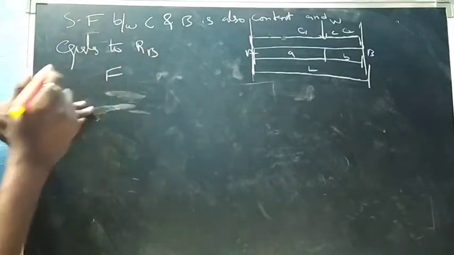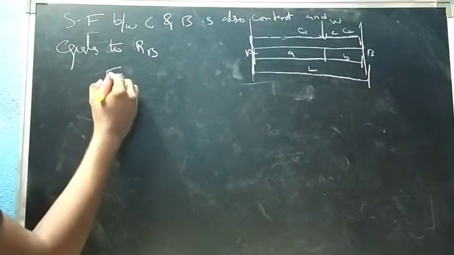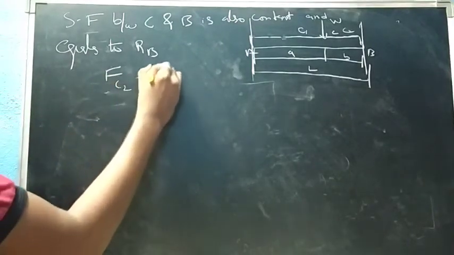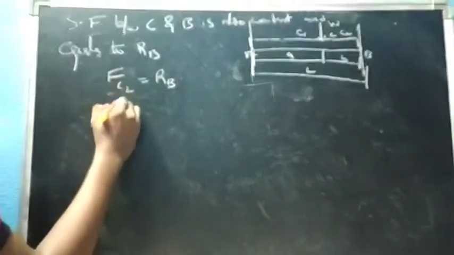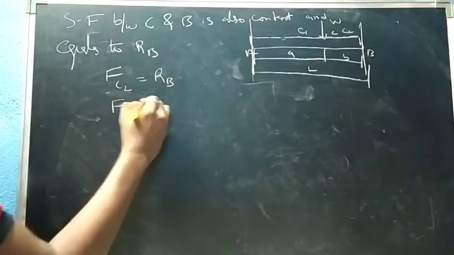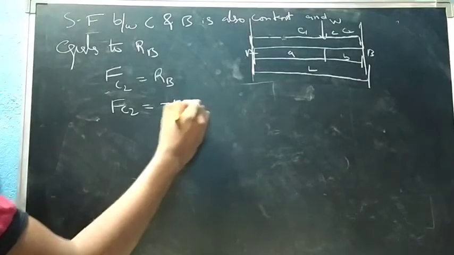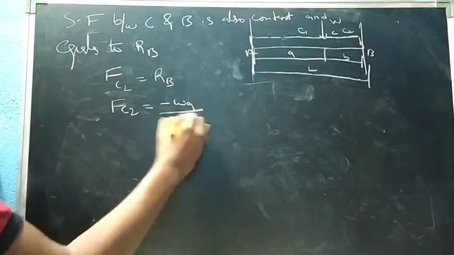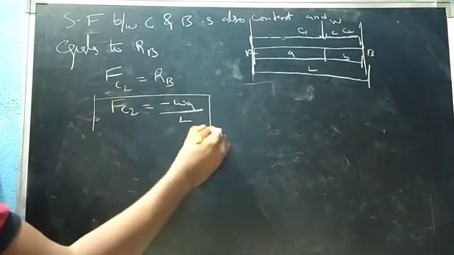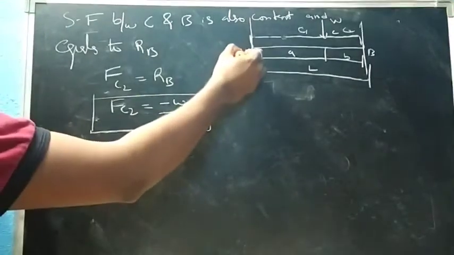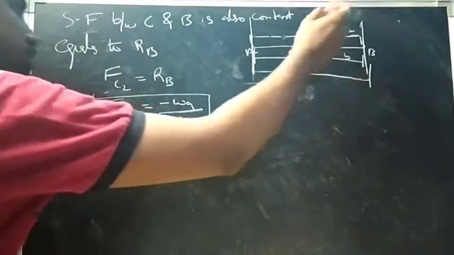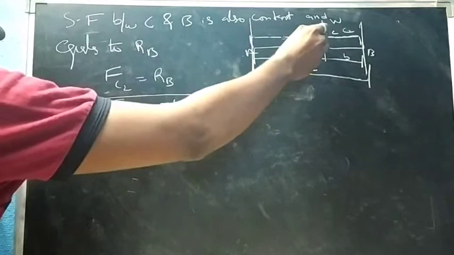So I can write now FC2 equals RB. So what is RB? FC2, that is RB, is nothing but minus WA upon L, right? Now we got shear force at A, shear force at B, shear force at C1, shear force at C2.